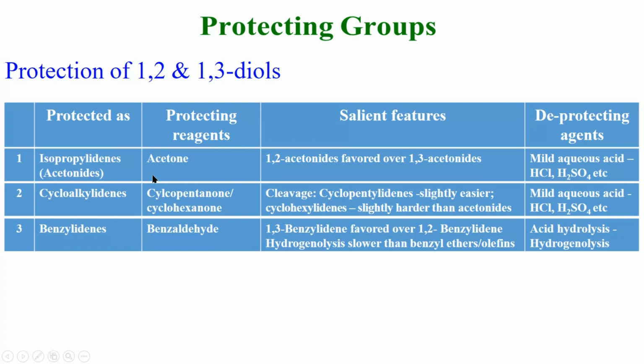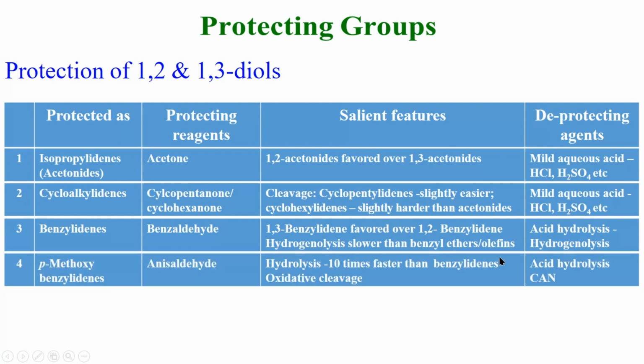In case of isopropylidines, 1,2-acetonides are more easily formed, whereas in case of benzylidines, 1,3-benzylidines are more easily formed when compared to 1,2-benzylidines. The hydrogenolysis can be used for cleaving, but however, the hydrogenolysis rate is comparably slower than that of benzyl ethers and olefins.